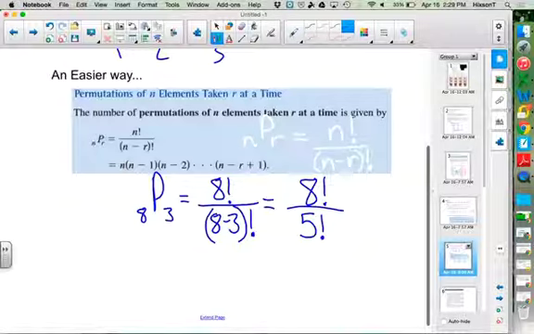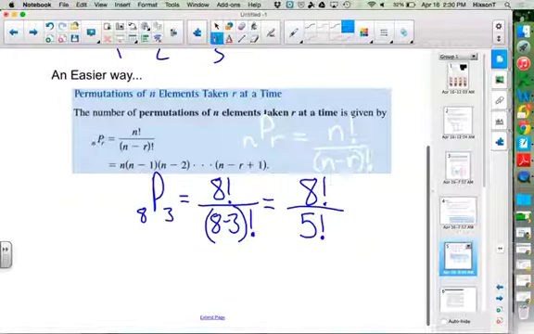Now think, in the race, which finishers did we care about? First, second, and third. So how many places did we not care about? 5 of them. We didn't care about the other 5. So here we're getting rid of these 5. This is all the arrangements of 4th through 8th place, basically.